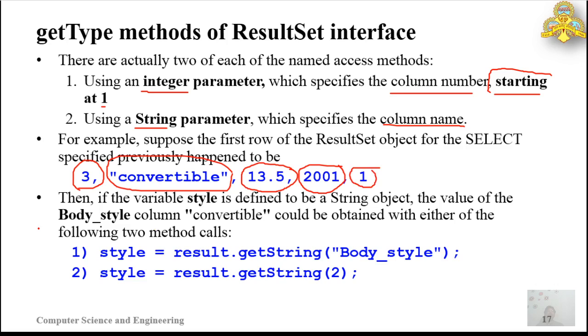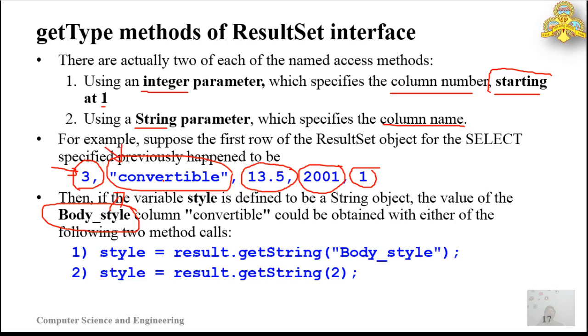Assume the second column is named body style, and the numbering of the columns starts from 1, not from 0. So if the column number is 1, its value is 3. Likewise, if the column number is 2, its value is convertible.